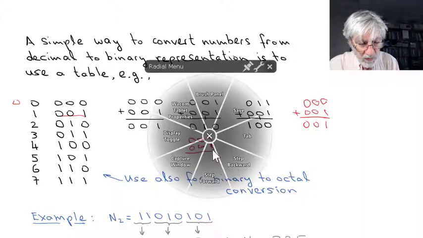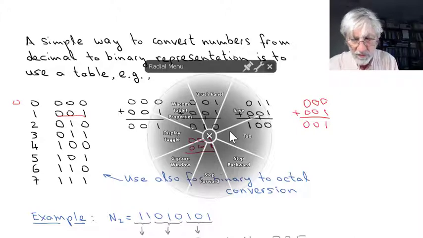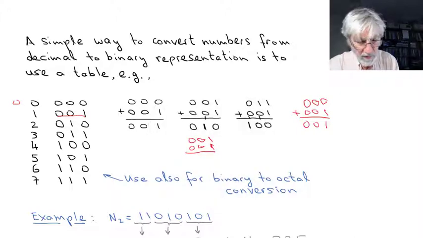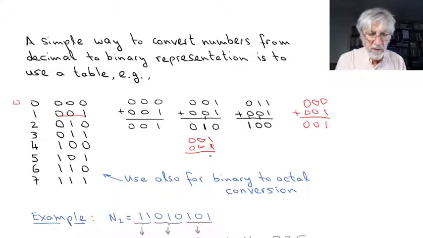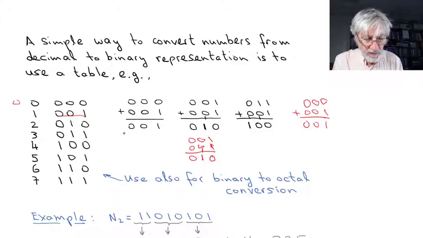So we do 1 plus 1, and that is equal to 2. But 2 in the binary number system is equal to 0, and here we keep a 1. And then we have 0, 0, 0 plus 0 plus 1, so that gives us a 1. And 0 plus 0 gives us a 0. So we have 2, and so on.